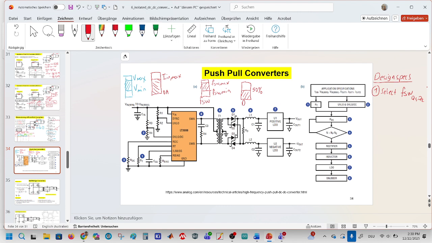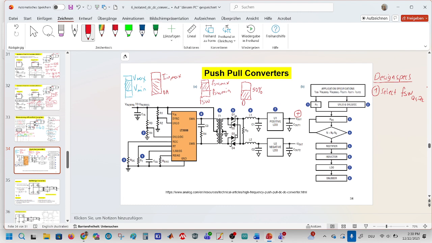And what else? We have output voltages. We have two output voltages. One is for positive voltages and the other is for negative voltages.